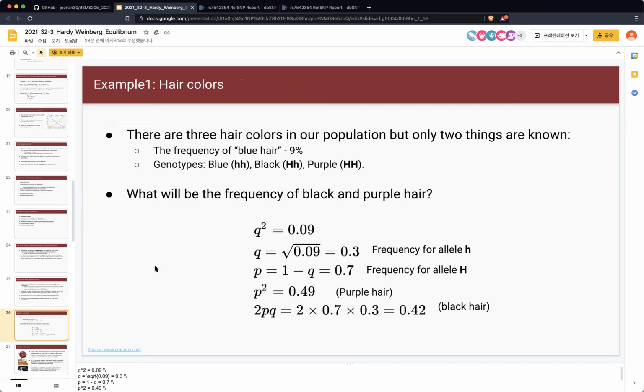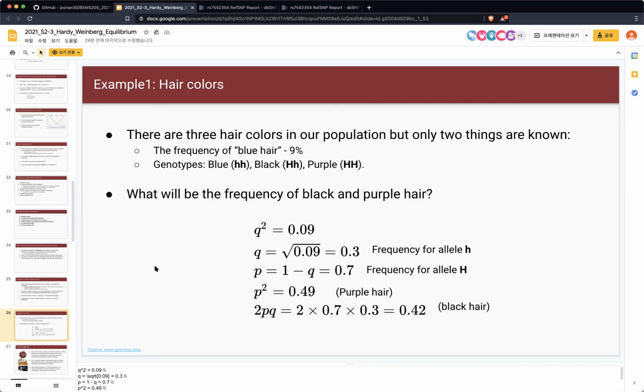So the first example is hair color. Let's assume that we have 3 hair colors in our population, and we know only 2 things. The first one is the frequency of blue hair, which is 9% in our population, and the hair color is determined by 3 genotypes and 2 alleles: blue, which is small h homozygous, black, which is small h and large h, and purple, which is large h homozygous.